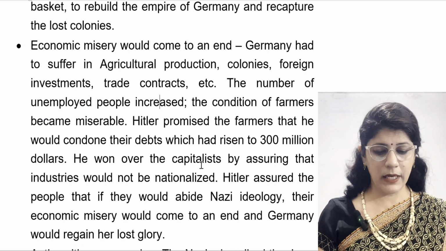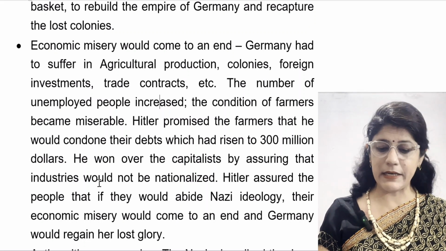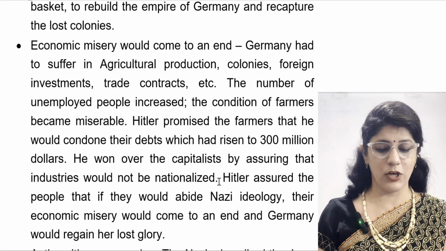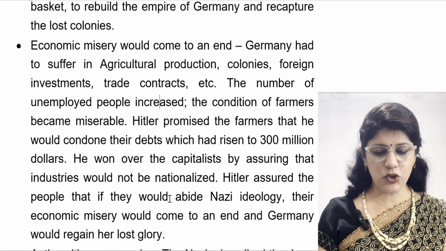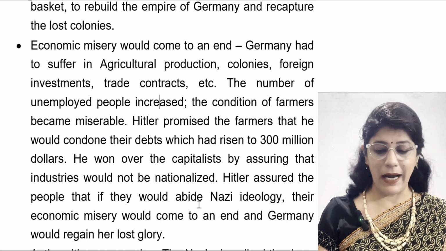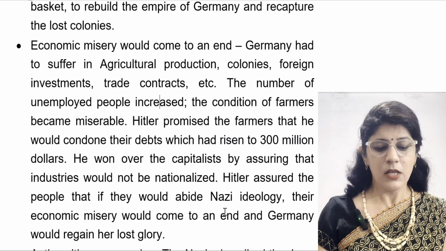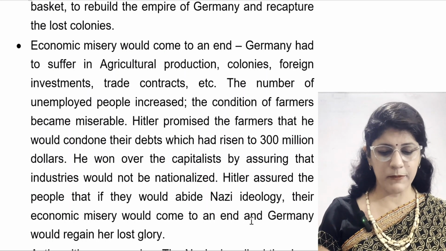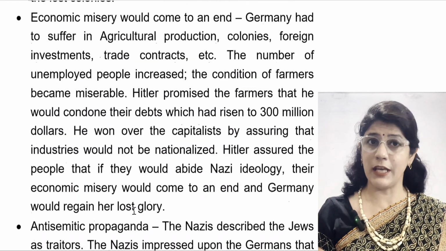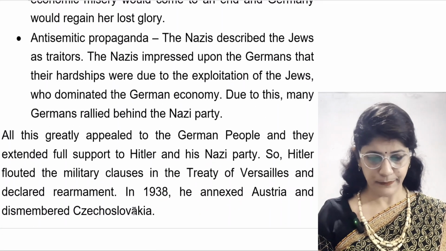He won over the capitalists by assuring that industries would not be nationalized. Hitler assured the people that if they would abide by Nazi ideology, their economic misery would come to an end and Germany would regain her lost glory.